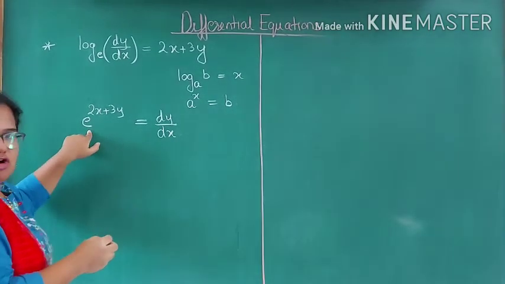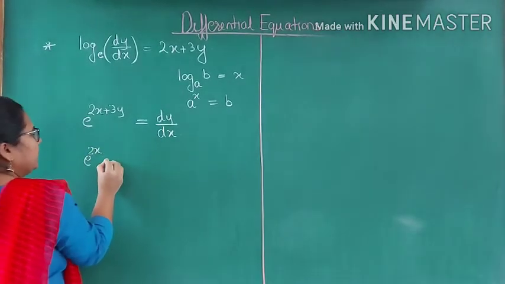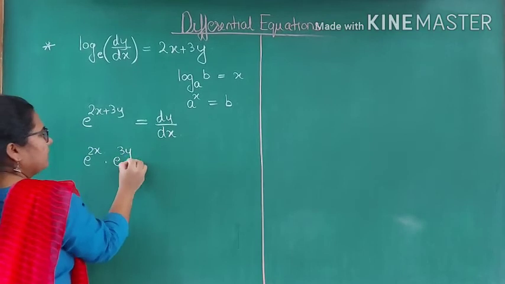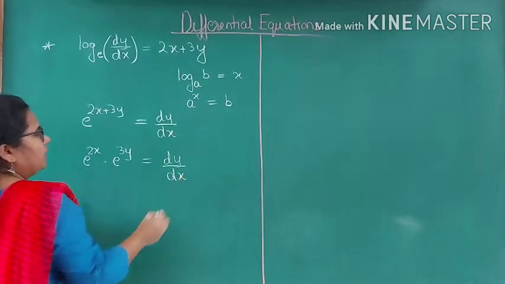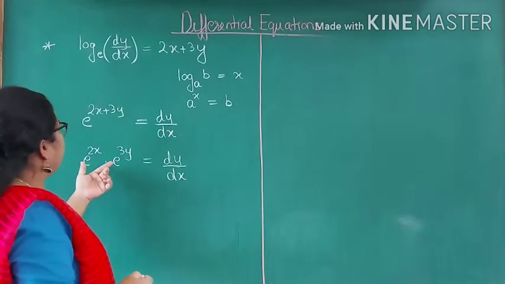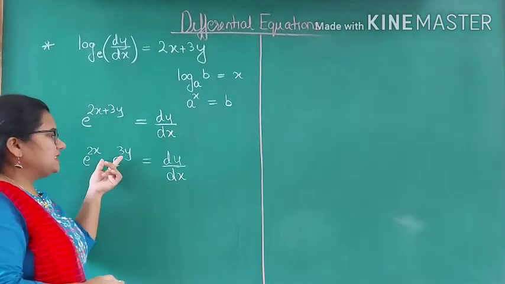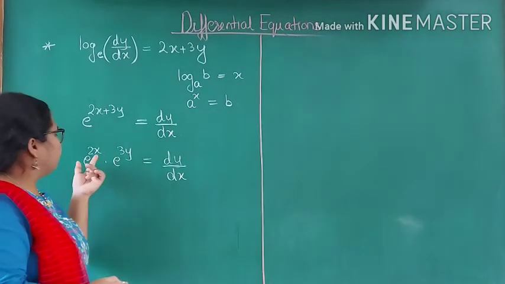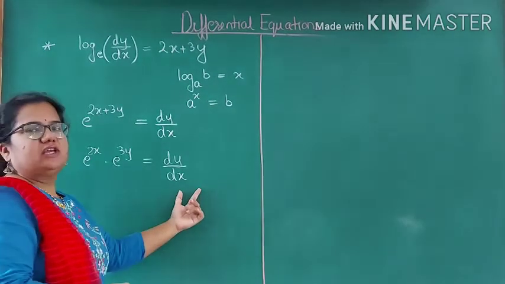Now by using the law of indices, what is this equal to? It is e raised to 2x into e raised to 3y is equal to dy by dx. Now here you have e raised to 2x. If you take dx this side, it will become a function of x on LHS, and take e raised to 3y on the other side.